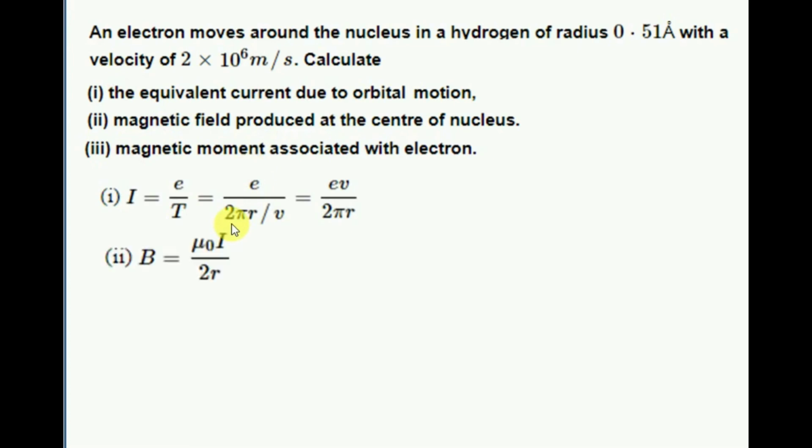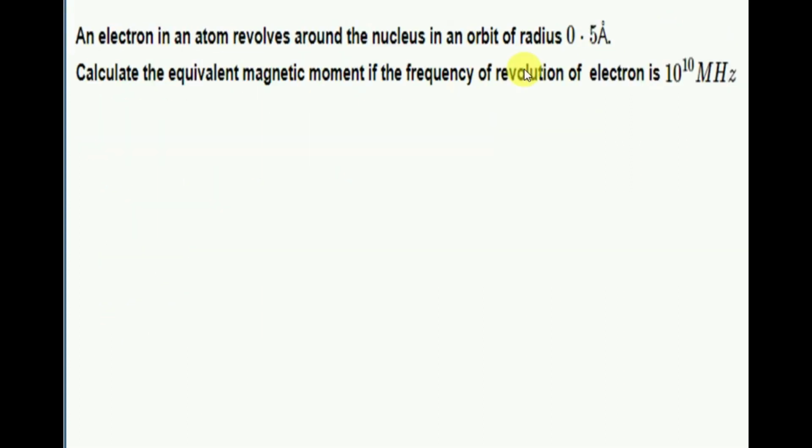The magnetic field due to a circular loop at its center is given by this, and magnetic dipole moment is given by this. The next question is also similar. Here radius is given and frequency is given. So from frequency you can find the time period, and you can find the magnetic dipole moment.